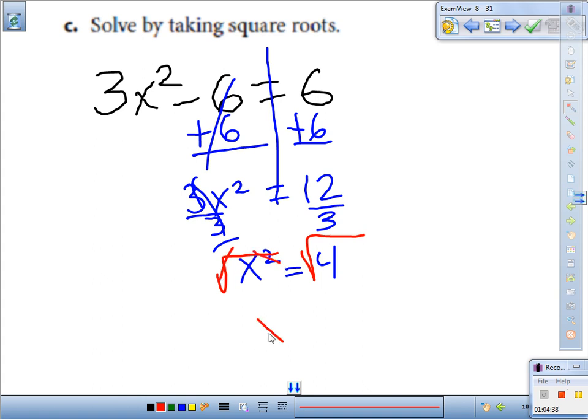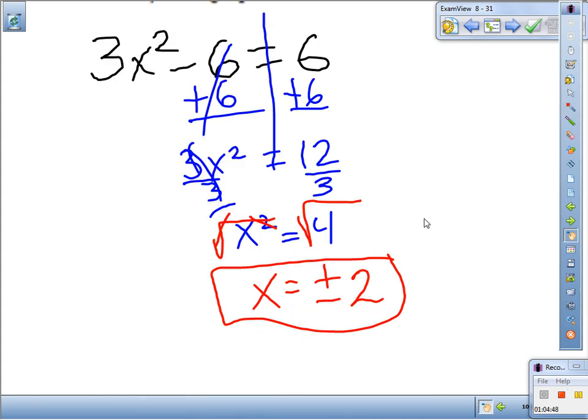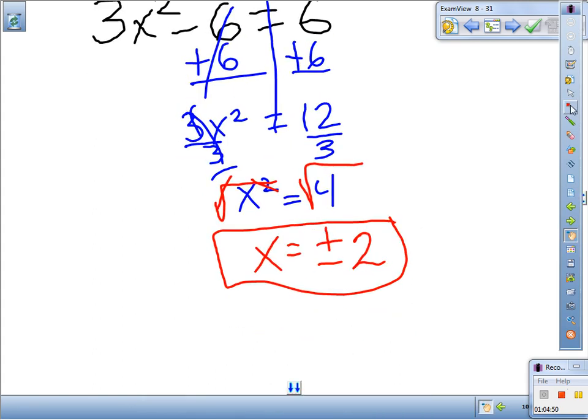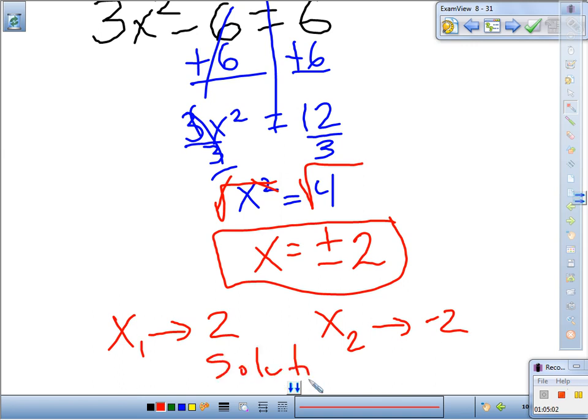And we're left with x equals plus minus 2. Focus, please. What does that mean, Mr. Q? That means that we have two roots. Remember, x sub 1 is positive 2, and x sub 2 is negative 2. We have two solutions.